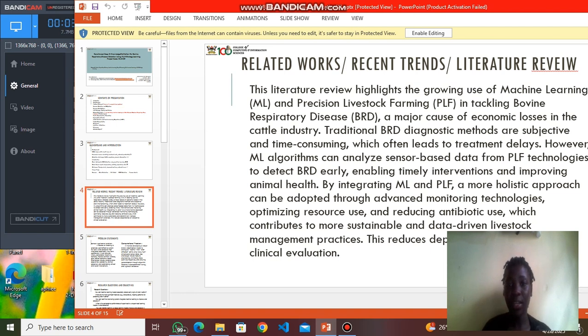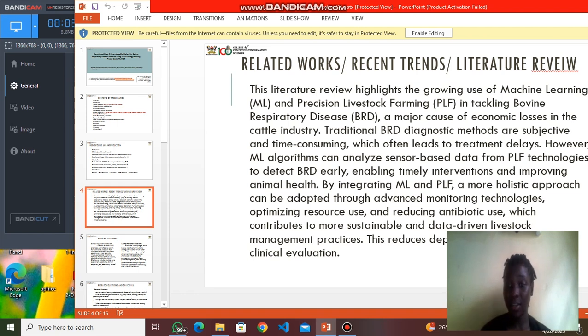We are highlighting the growing use of machine learning and precision livestock farming in tackling bovine respiratory disease, a major challenge in the cattle industry, where traditional diagnostic methods are subjective and time consuming, and make the farmer have to be physically there to supervise and notice that the cattle is behaving in a way that may indicate it's sick.